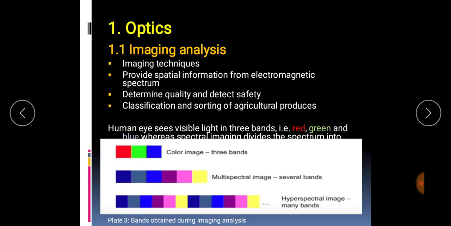Then by the help of optics you can do what? Image analysis. Image the product. When you are doing the analysis, you have to create a library: you have to check the characteristics of good material, make the library, and feed it into the system, and you also have to add pictures of bad quality materials.